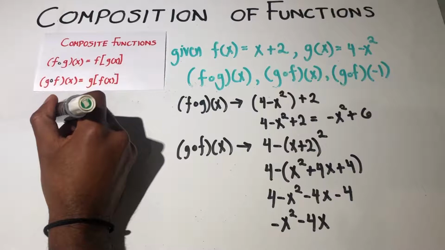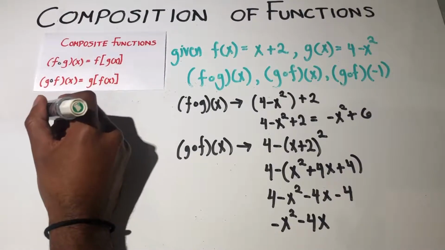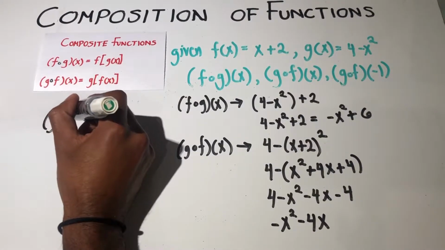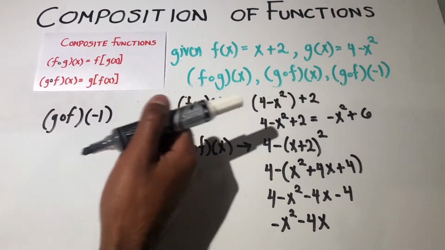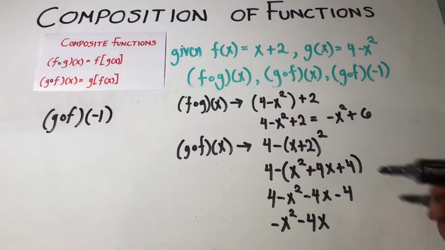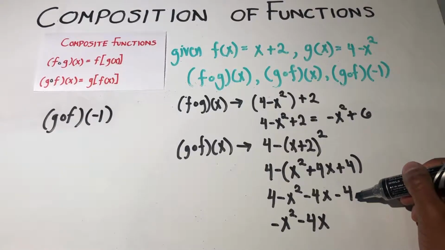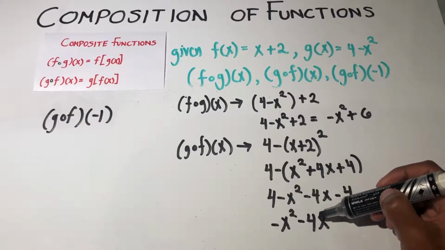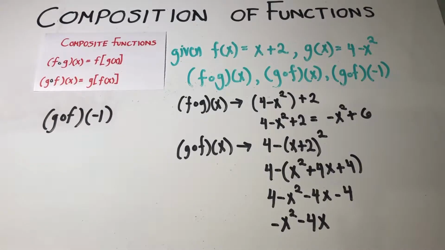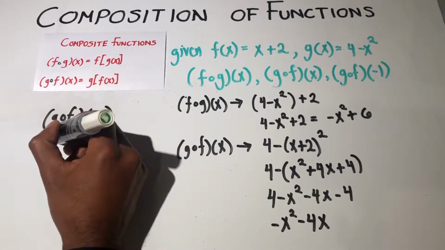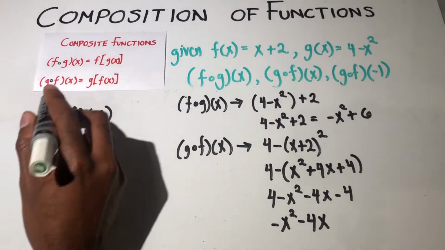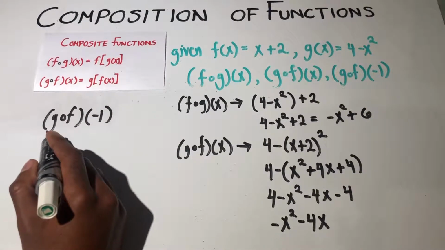We have g of f of x with a value of -1. So what you do is you just simply follow these guidelines and then plug in -1 for every x within the expression. So I'll just go ahead and do this again, even though we did it once, just for a quick revision.